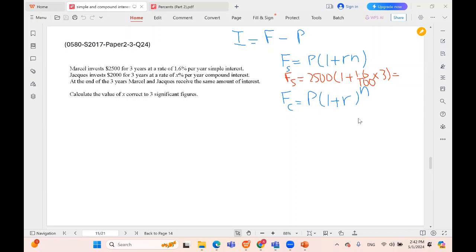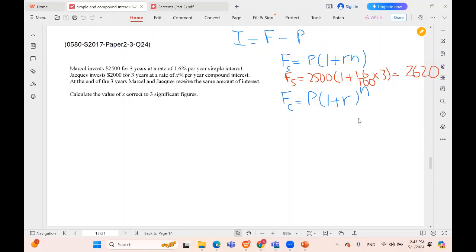So 1.6 times 3 gives us 4.8 divided by 100. We get 0.048. We add that to 1, and then we multiply by 2,500. So this gives us 2,620. This is the future value of the simple interest.